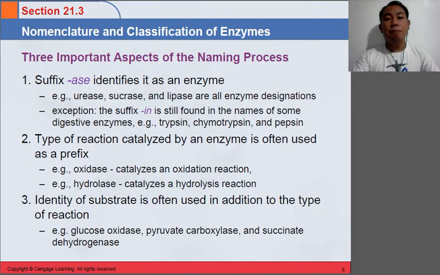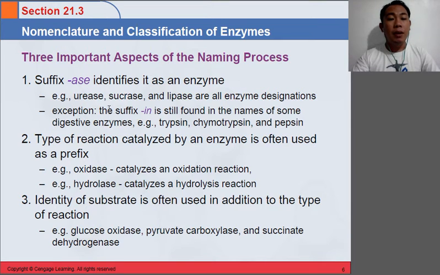We have three important aspects of the naming process of our enzymes. One is the suffix, second is the type of reaction catalyzed by the enzyme, and the third is the identity of the substrate in addition to the type of reaction. First, we have the suffix. The suffix -ase identifies it as an enzyme.